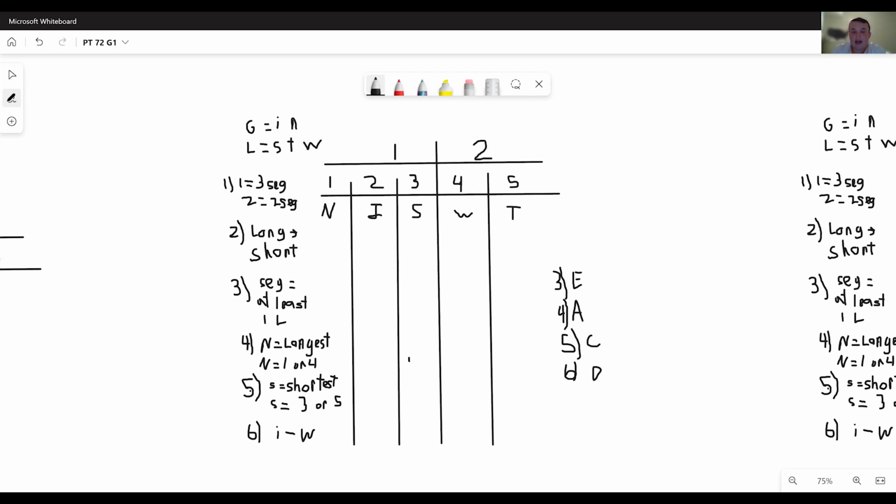Then we go to rule 5: sports is always shortest. We eliminate C because sports is first in this regard. And we go to rule 6, where I is before W. We see in D that W is before I in the first segment, so we eliminate D. And B is our correct answer.